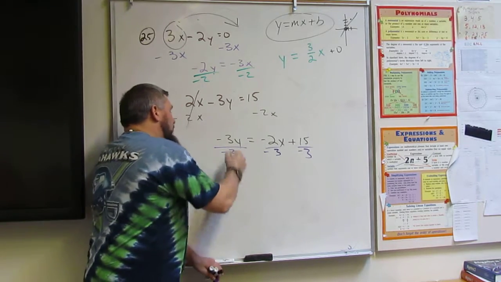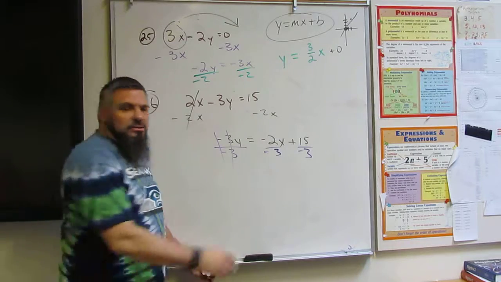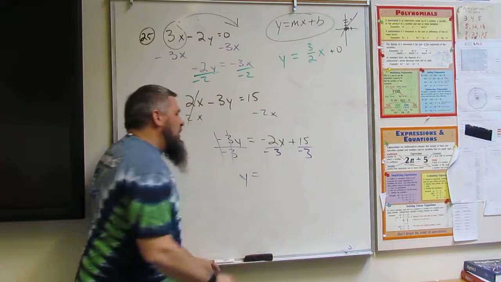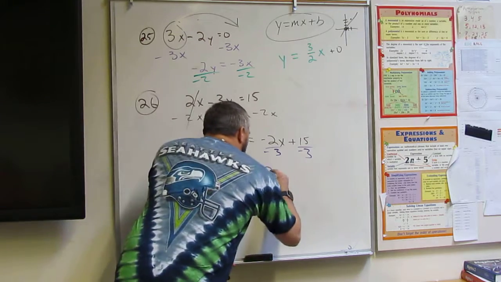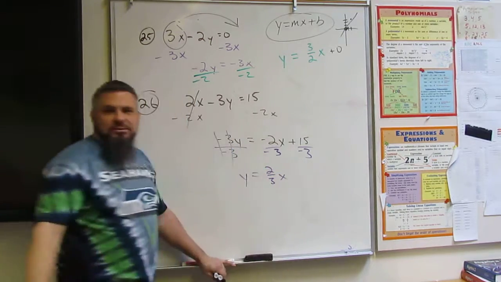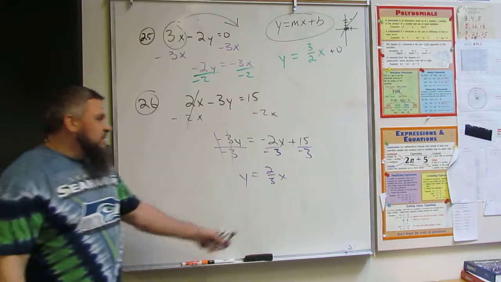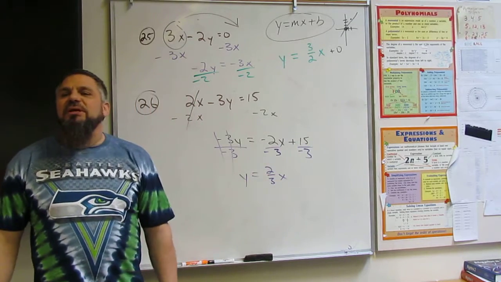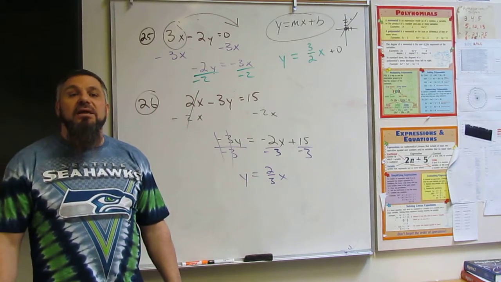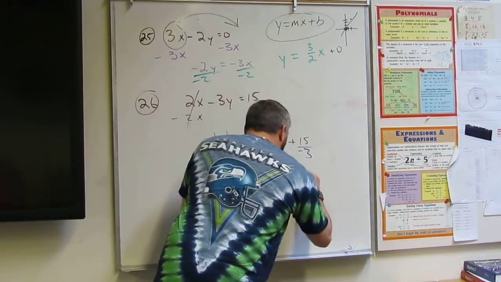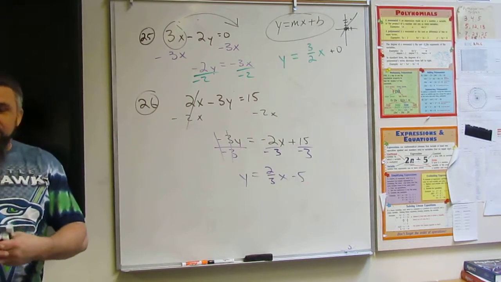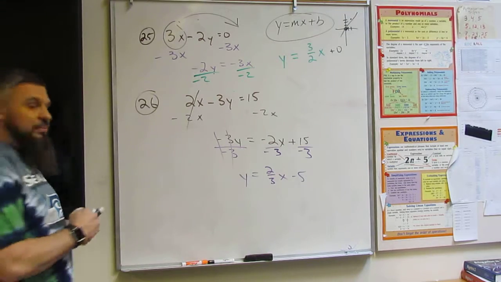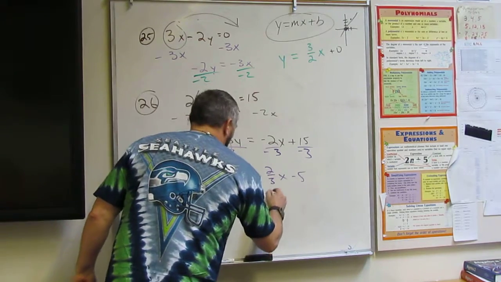Okay? So these cancel, right? So I'm left with y. What's a negative and a negative? Okay? So I'm left with 2/3 x, right? And then what's 15 divided by negative 3? Negative 5. Okay? Now, is that in y equals mx plus b form? Yeah. What's m? 2/3.